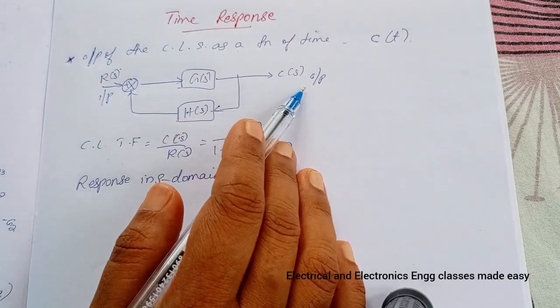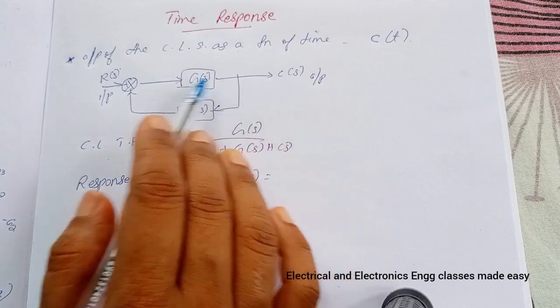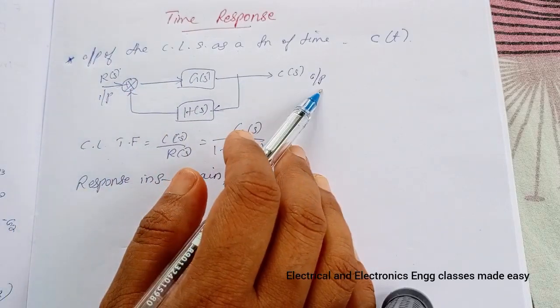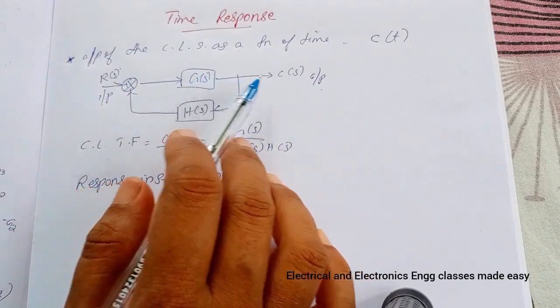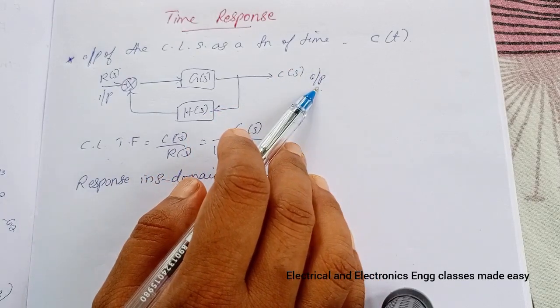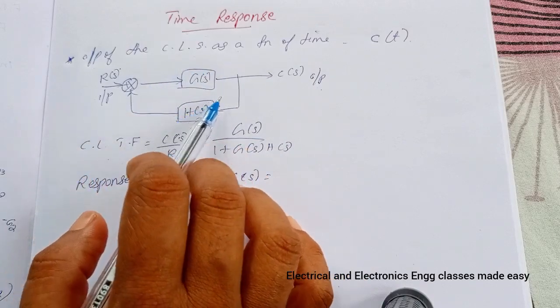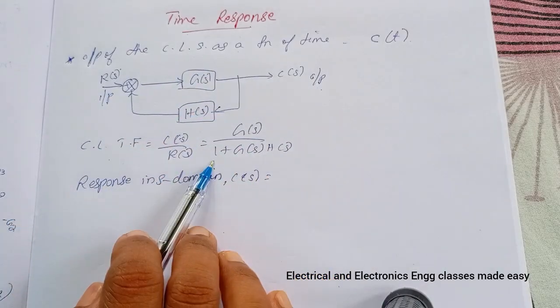Then, this is a closed loop system. So this is the input and this is the output. The output in S domain, C of S, is given by the product of the transfer function and the input.